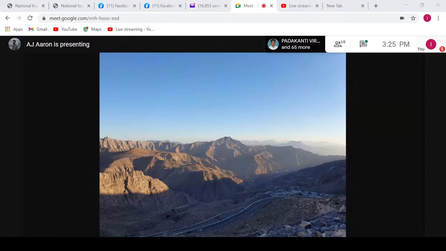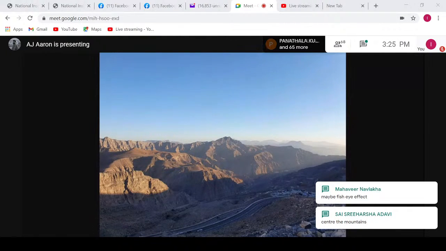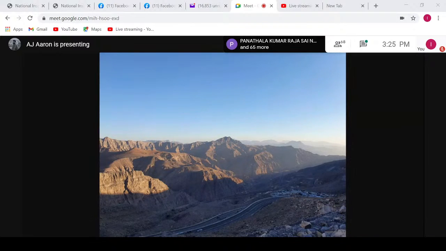Avoiding rocks at the bottom. Okay, maybe that can definitely be one. A wider angle, yeah, that can also definitely be it. Center the mountains, maybe a fisheye effect. Yeah, that can also be it.